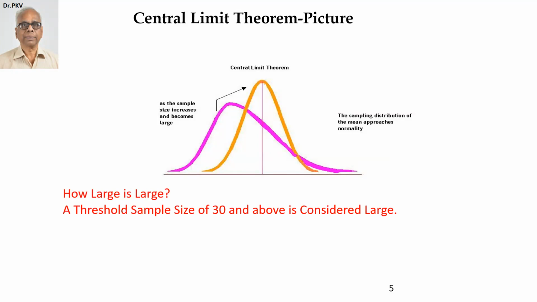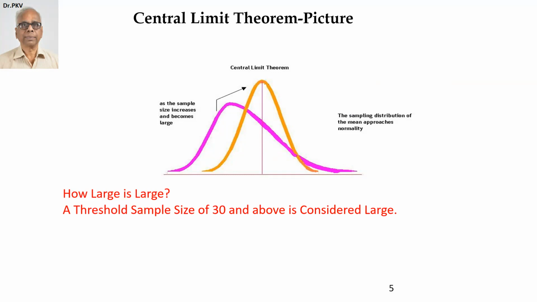So the desirable sample size for a particular population depends upon the sampling error and the confidence level which you would like to have. For example, if I specify the sampling error to be a number, and that should be kept always in mind. In other words, the sampling error should not exceed number 3, for example. Sampling error is nothing but the difference between the estimate and the actual.